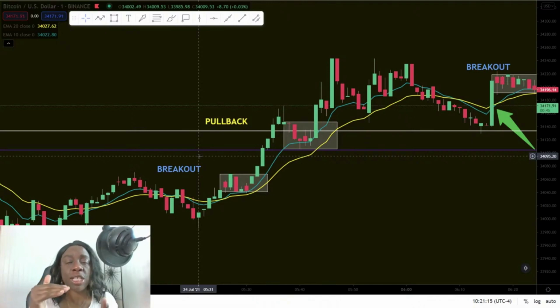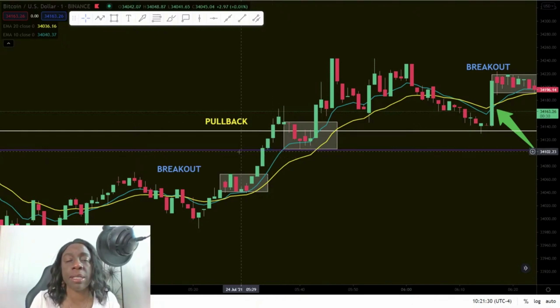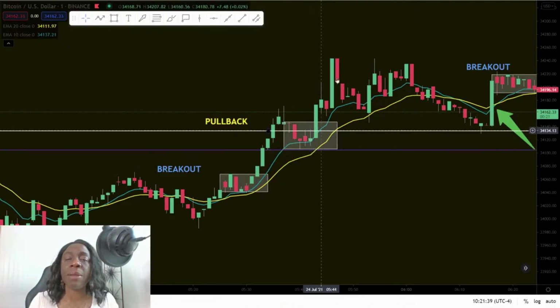It's a strong support level. There are trading bots buying up positions at the purple level, refusing to allow price action to break below it. So that's how you know this is a line of support, and you want to buy on the line of support. You don't want to buy on the line of resistance. And then the breakout.